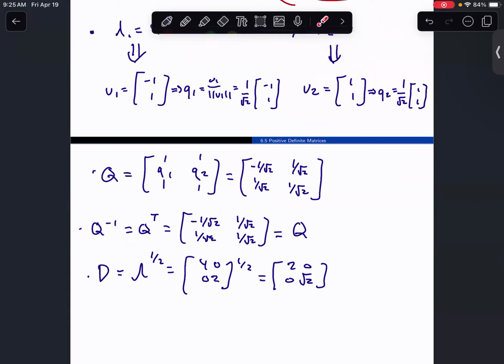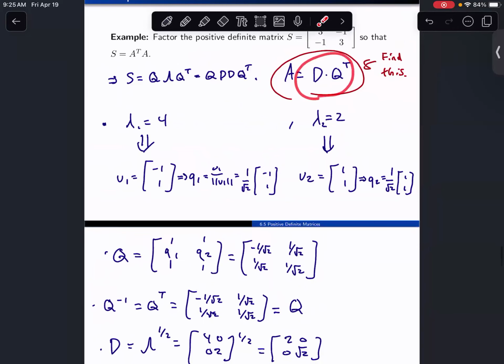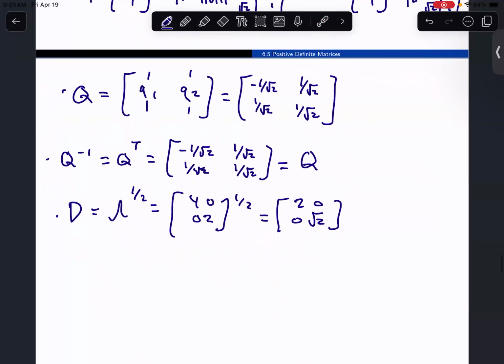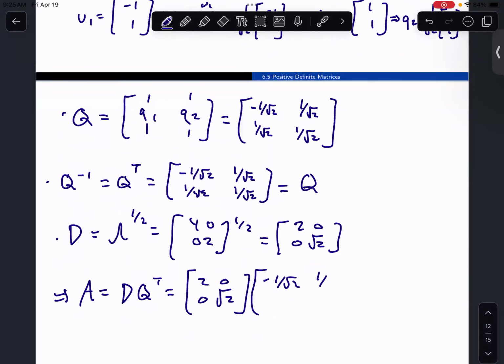And so we have what D is equal to, and we have what Q transpose is equal to. If we want to find what A is equal to, we just multiply D with Q transpose. And so we have finally that A is equal to D times Q transpose. This is equal to 2, 0, 0, square root of 2 multiplied by minus 1 over the square root of 2, 1 over the square root of 2, 1 over the square root of 2, 1 over the square root of 2.